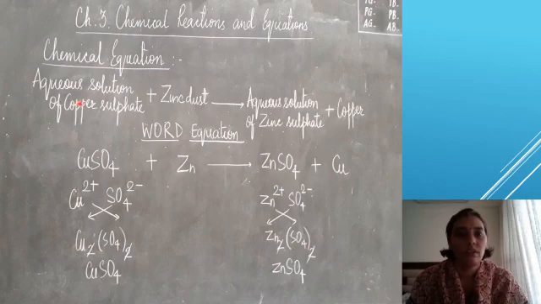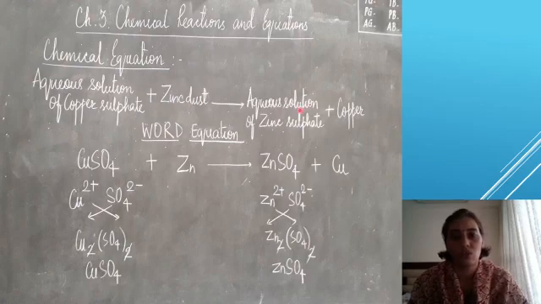But if we have a number of reactants, here two reactants, that is copper sulfate and zinc, written on the left side, we would have to write so much in words. Similarly, the products are aqueous solution of zinc sulfate and copper. A lot of time would go in writing down the reactions in words.